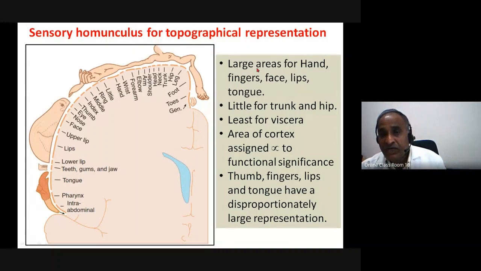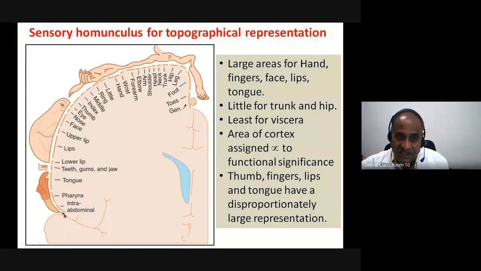To summarize: large areas for hand, fingers, face, lips, and tongue. A little for trunk and hip. If you look at the trunk and hip, very little compared with this. Then least for viscera.